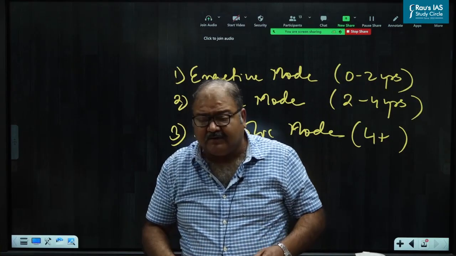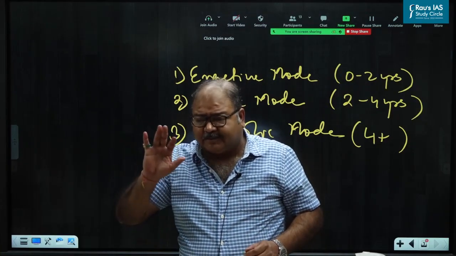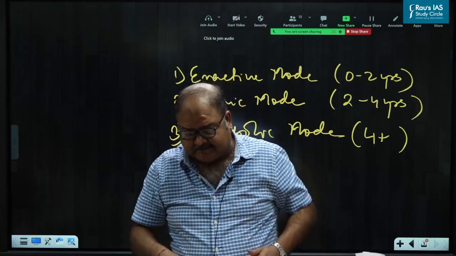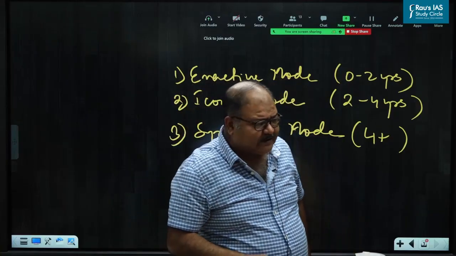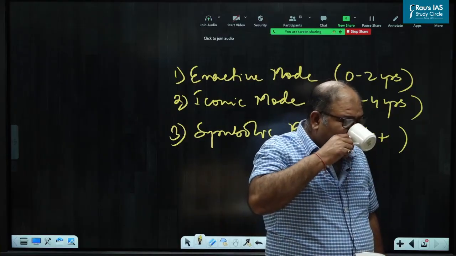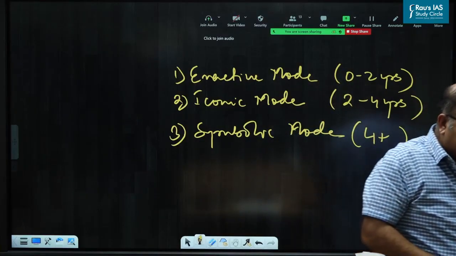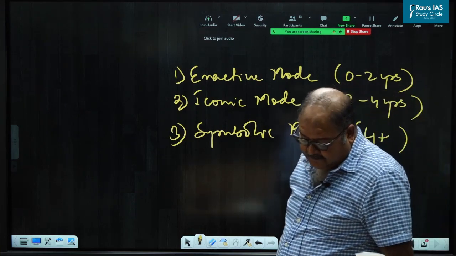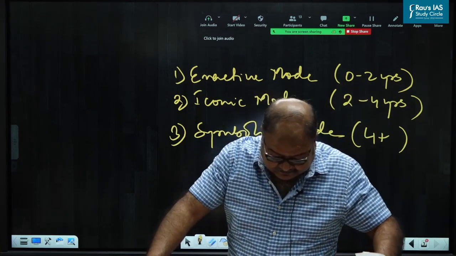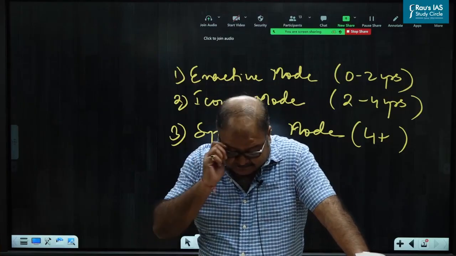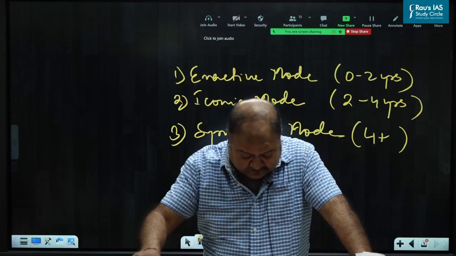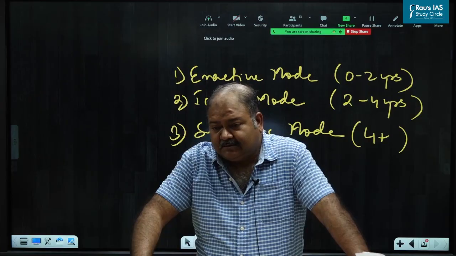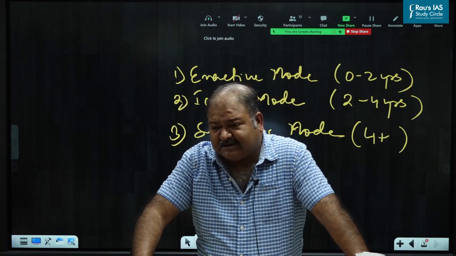ठीक है. So newborns explore the environment by actions like touching, grasping, tasting the external objects.